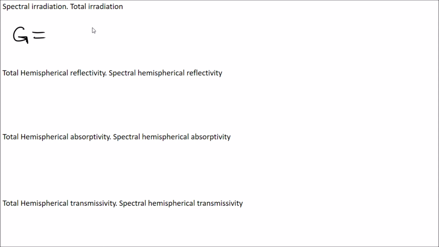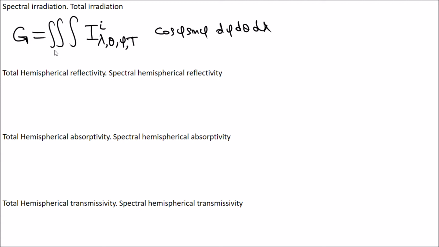In this case we look for the incident radiation intensity, which is a function of direction as well as temperature and lambda, and we integrate it with respect to all angles and all wavelengths. So you will have 0 to 2 pi, 0 to pi by 2, and 0 to infinity, and this is for the total irradiation.